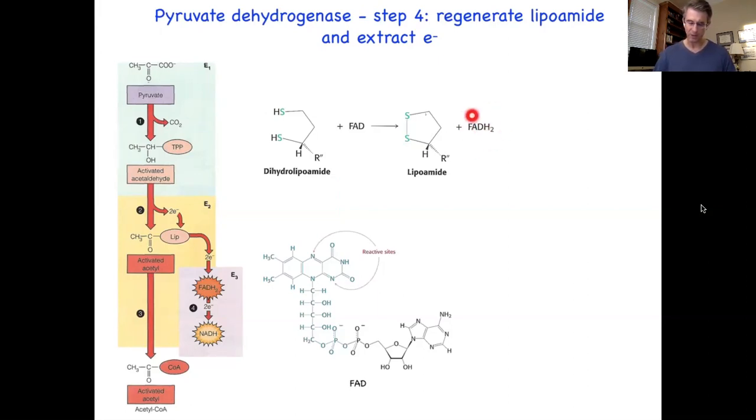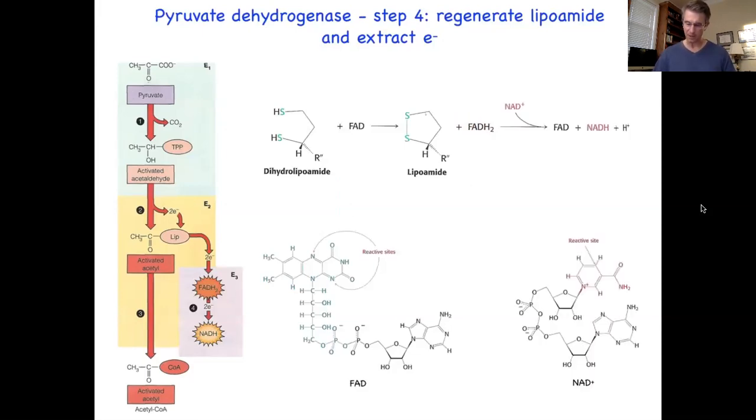It now transfers those electrons from FADH2 to NAD+ to generate NADH, which is released, and regenerate the FAD for another round of the cycle. Okay, that's the basic 4 steps, right? So we have 1, 2, 3, and 4 steps of the overall pyruvate dehydrogenase reaction.